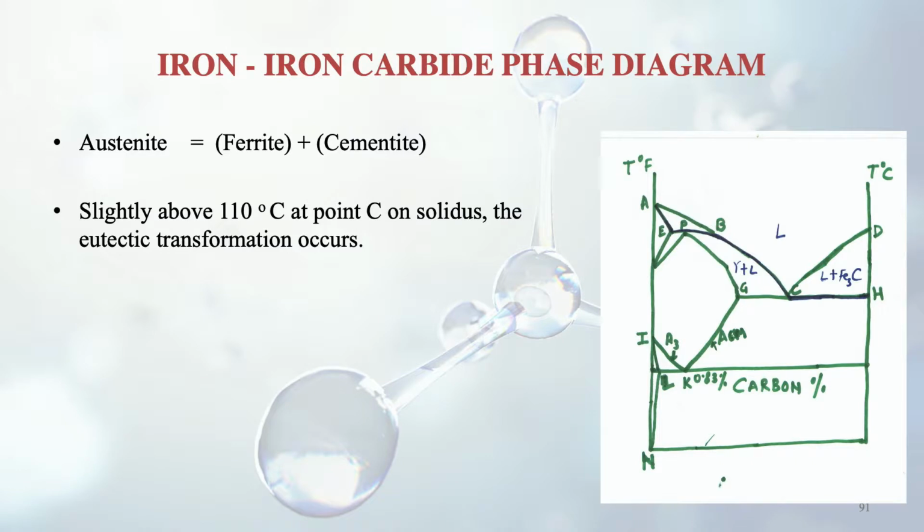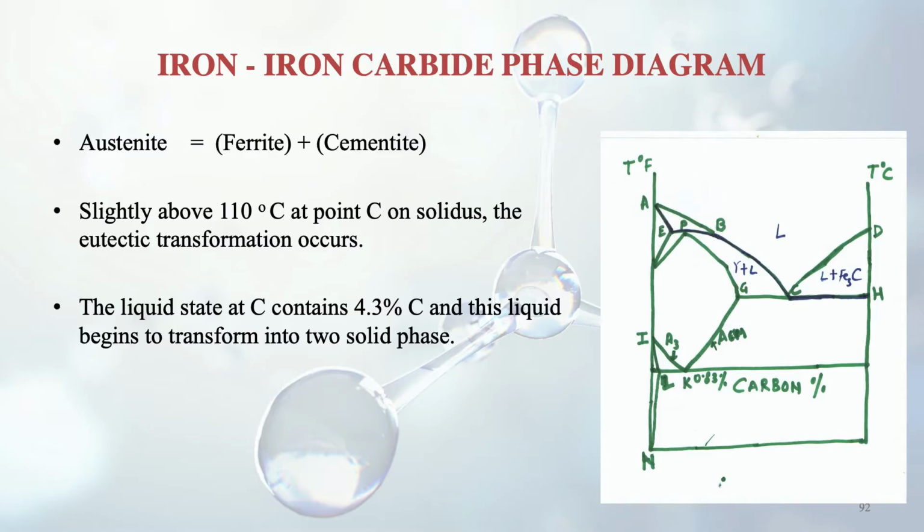Slightly above 1100 degrees centigrade, suppose we move up to point C in the figure on the solidus, so the eutectic transformation takes place. Like we have the eutectoid point, similarly we have the eutectic point. This eutectic point is given by the liquid state at C. It contains 4.3% carbon, and this liquid begins to transform into two solid phases.